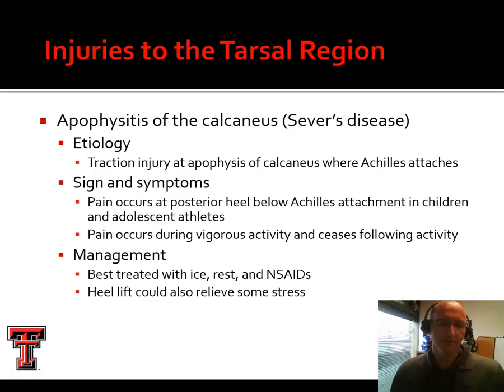All right, another injury to the tarsal region could be apophysitis of the calcaneus. And an apophysitis is basically when an attachment point on the muscle becomes irritated and inflamed. So this is a traction injury where the Achilles attaches, and oftentimes the patient just thinks it's Achilles tendonitis, but unfortunately it's more related to the bone than it is to the tendon.